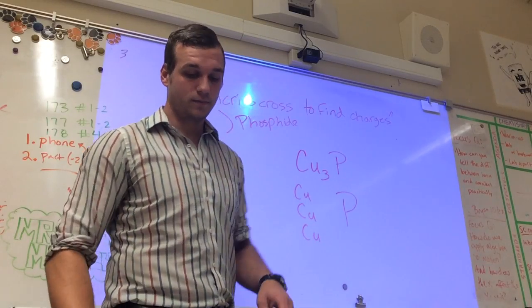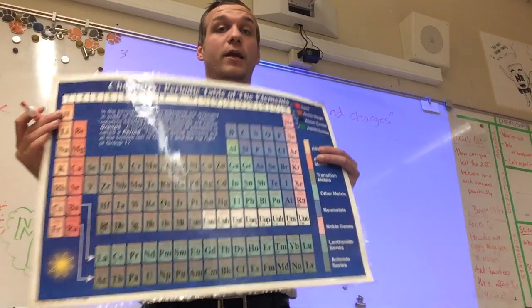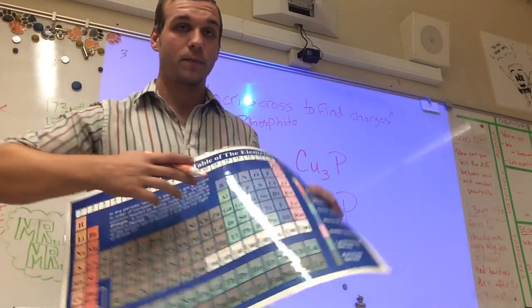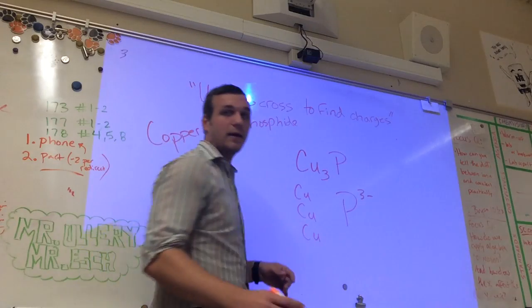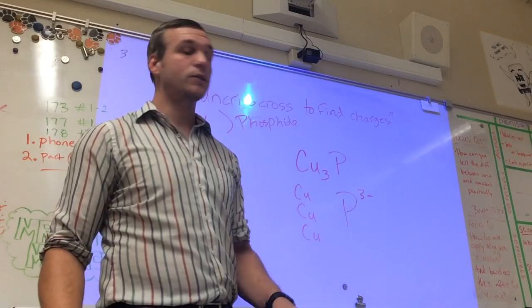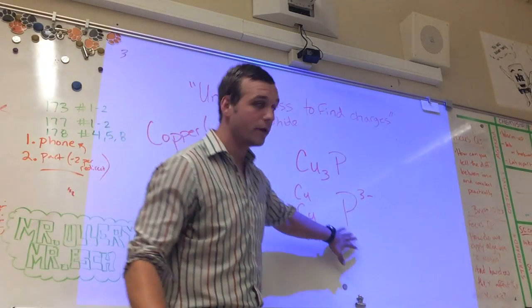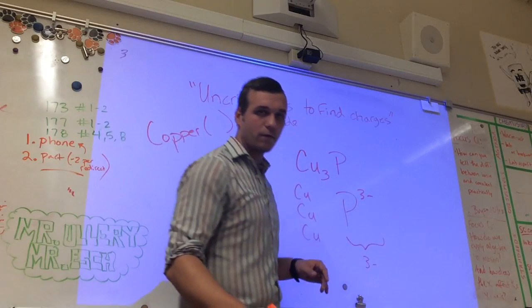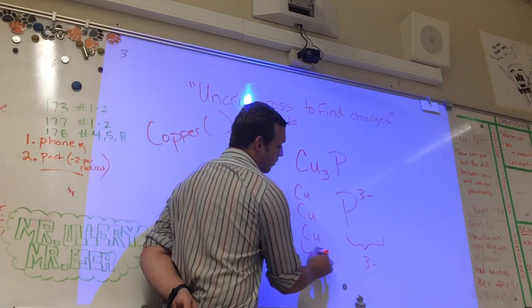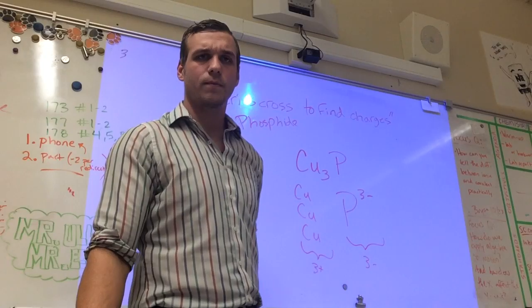Each phosphorus, we know from this that phosphorus will have a 3 negative charge, since it's right there. So 3 negative charge for phosphorus, and each copper is going to have some charge to it. Let's figure that out. The total negative charge, 3 negative. So therefore the total positive charge is 3 positive.